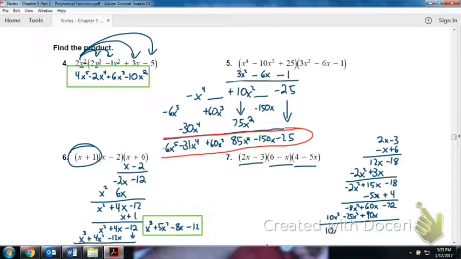That's 10x cubed. Negative 8 minus 75 is negative 83. 60 plus 90 is 150x minus 72. And hopefully you're starting to realize this isn't necessarily difficult.